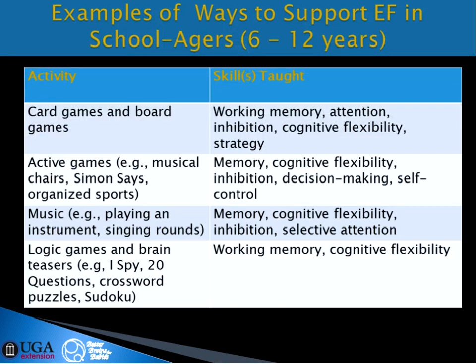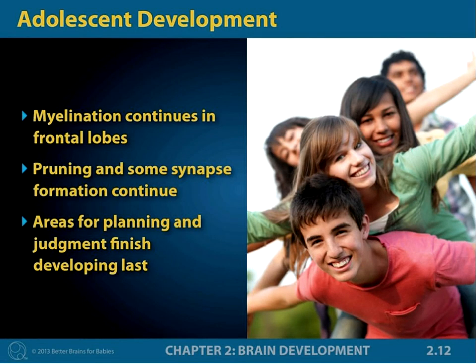Some of those decision-making and memory skills are important. Playing a musical instrument, singing in rounds, complicated clapping games, Miss Mary Mack and things like that a lot of the girls do when they're in elementary school. Logic games, brain teasers, those kinds of things are all working on these three basics: working memory, inhibitory control, and cognitive flexibility.